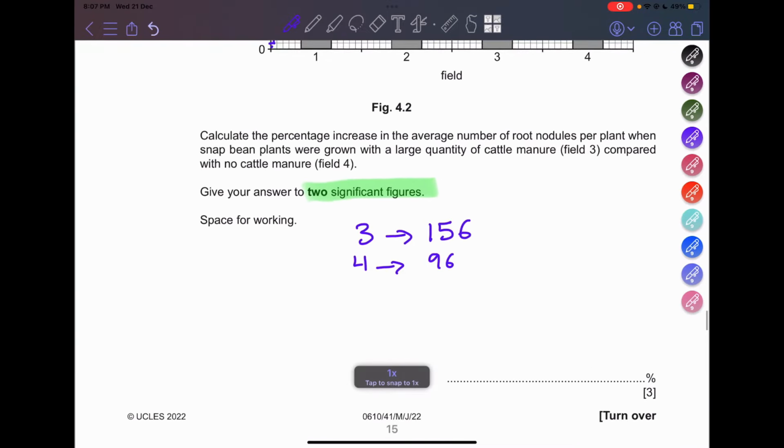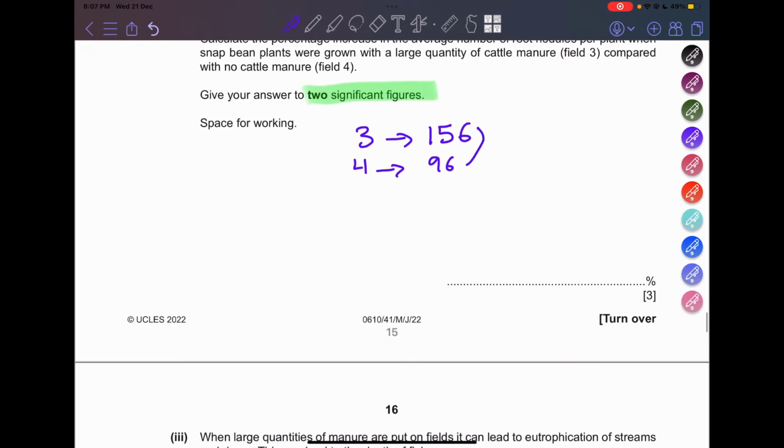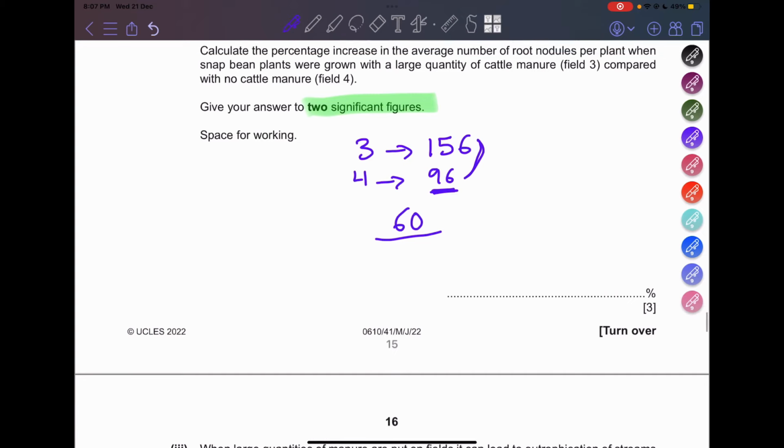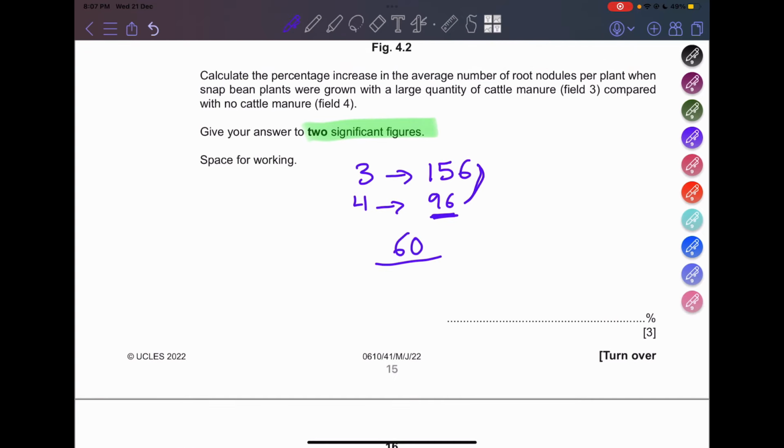So over here, we're going to calculate it by calculating the difference between the two numbers. You're going to get a calculator. 156 minus 96 is going to give you 60. You're going to put the number before the change down in the fraction, the denominator. This is actually 96. This is because it was grown with no cattle manure.